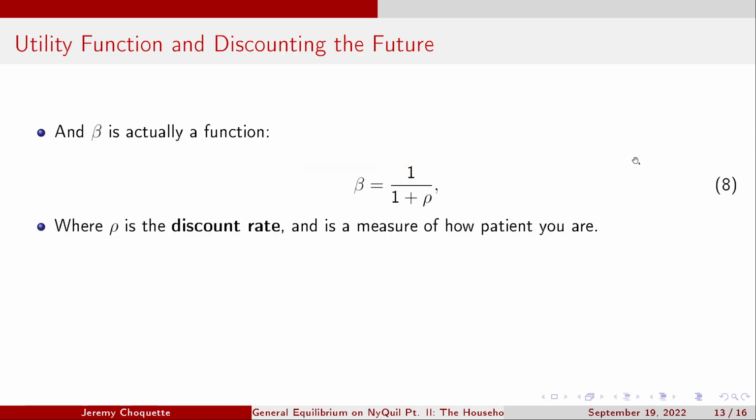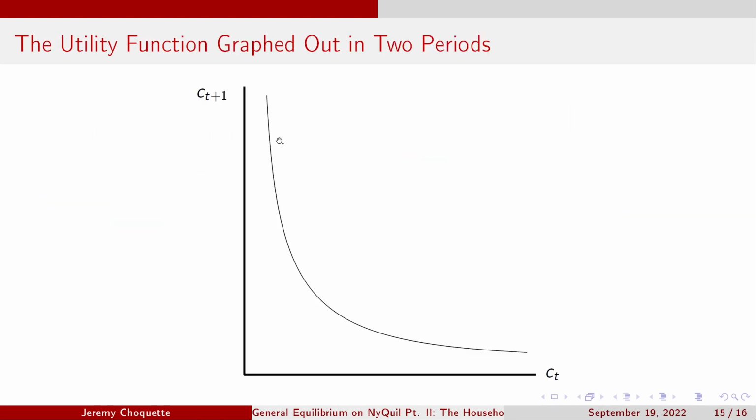What we've got here is the comparison between CT and CT plus 1 for any level of utility, right?